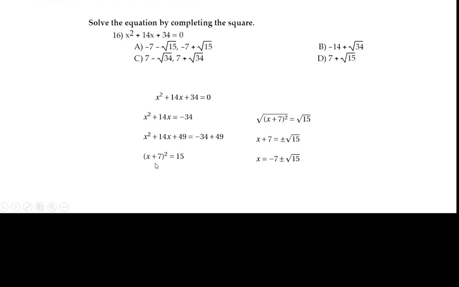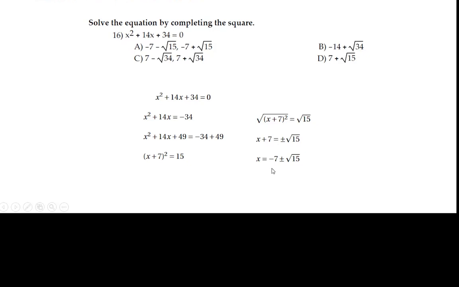We have a square on one side by itself, so we take the square root of both sides. The square root of the square just leaves us with x plus 7 on the left. Taking the square root of 15, we have to be careful to write plus or minus radical 15. Finally, subtract 7 over to get rid of the plus 7 and get x by itself.